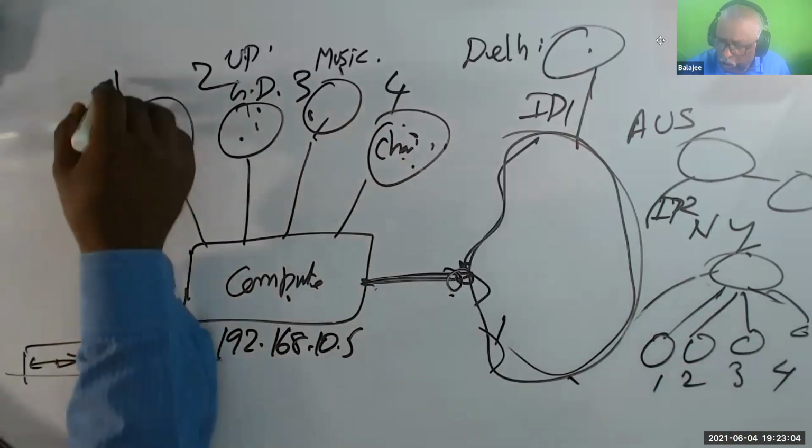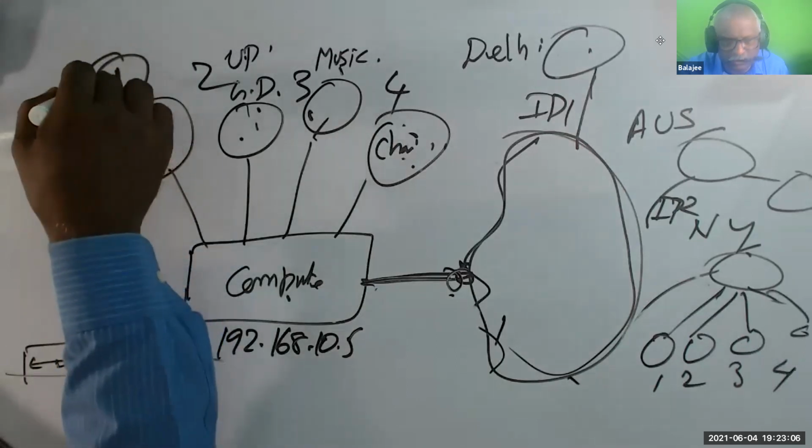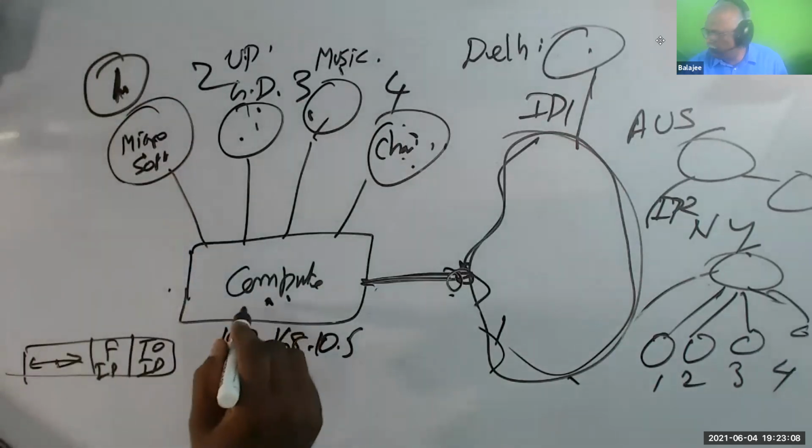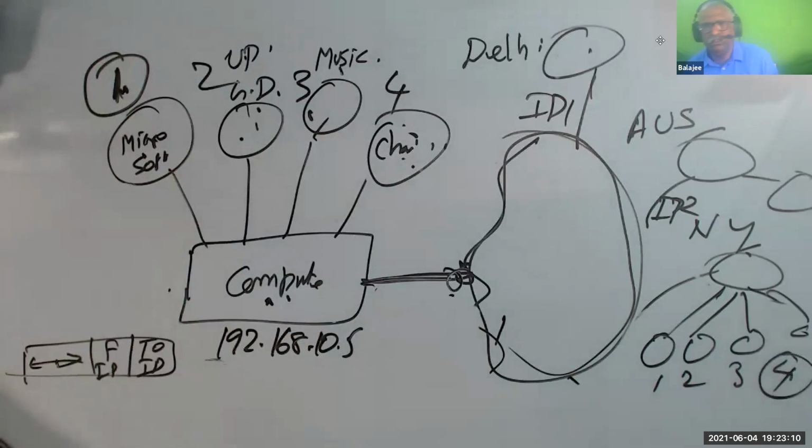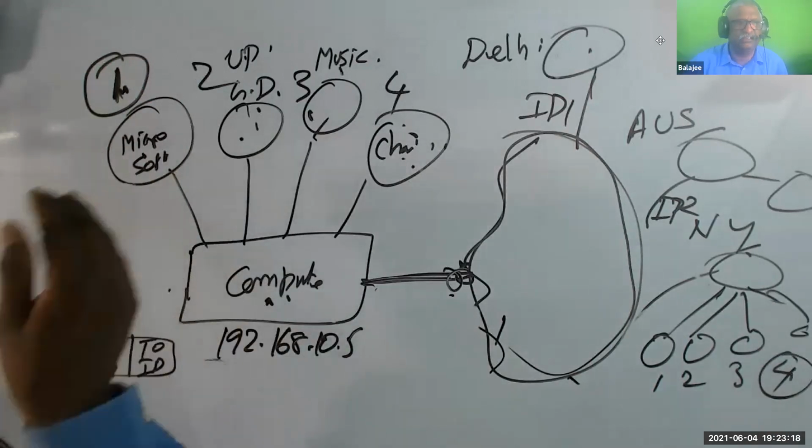For example, you are trying to connect from process 1 of your computer to process 4 of the Microsoft computer. This address, you can call a sub-IP or whatever.